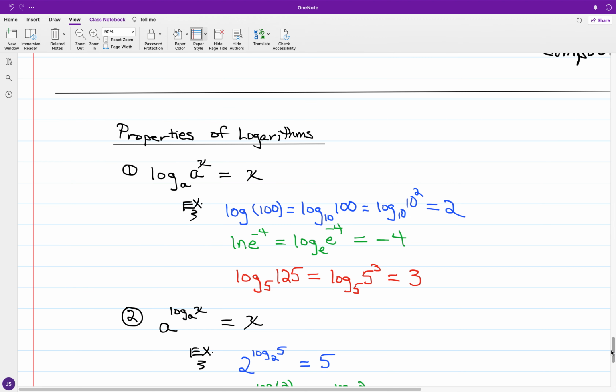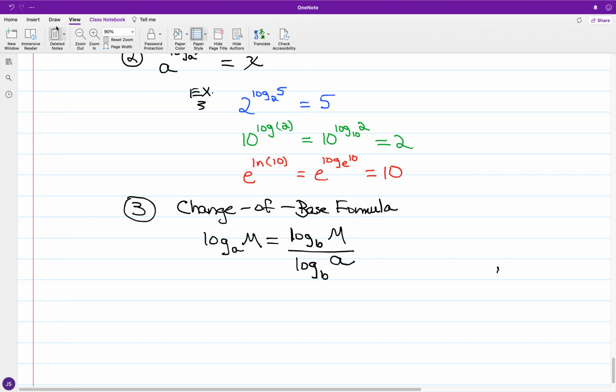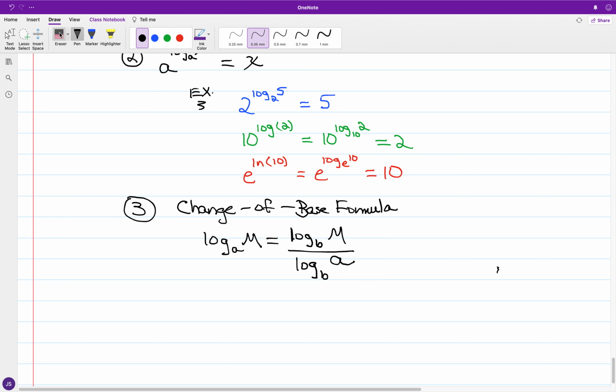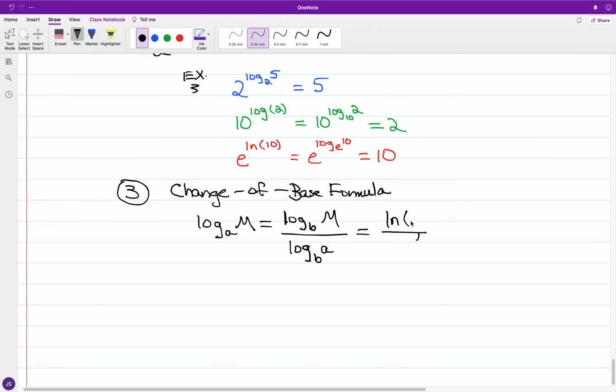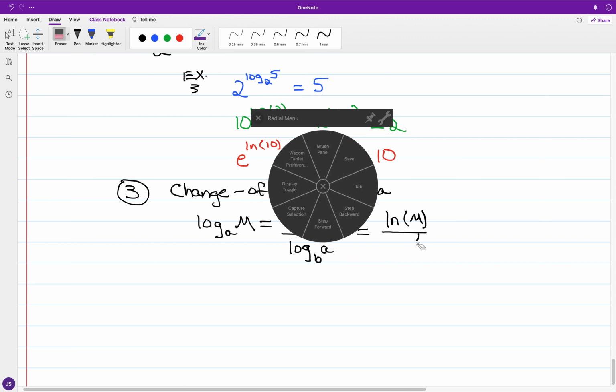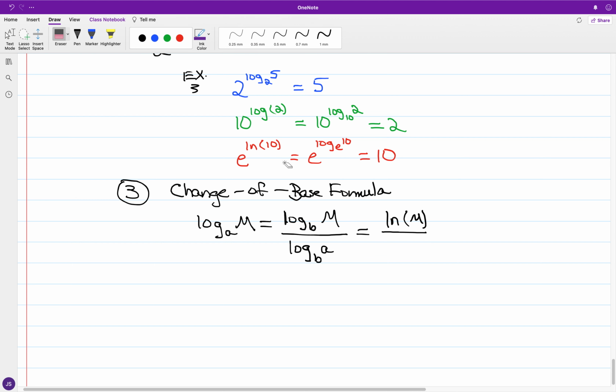And just to give you an example, I had the base b logarithm of m over the base b logarithm of a. With your calculator, for the base b logarithm, you could choose to go with the natural logarithm, having the natural logarithm of m all over the natural logarithm of a.